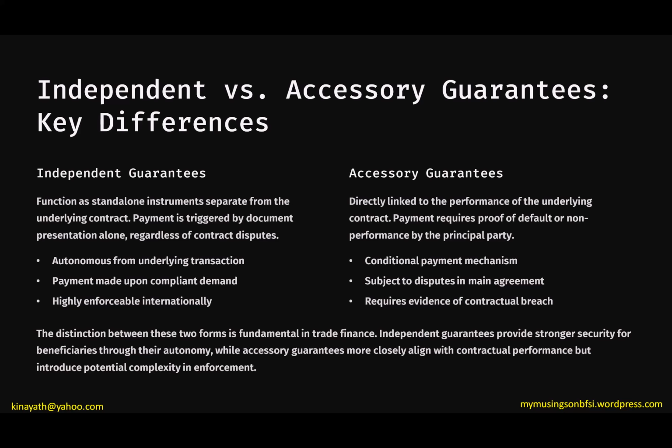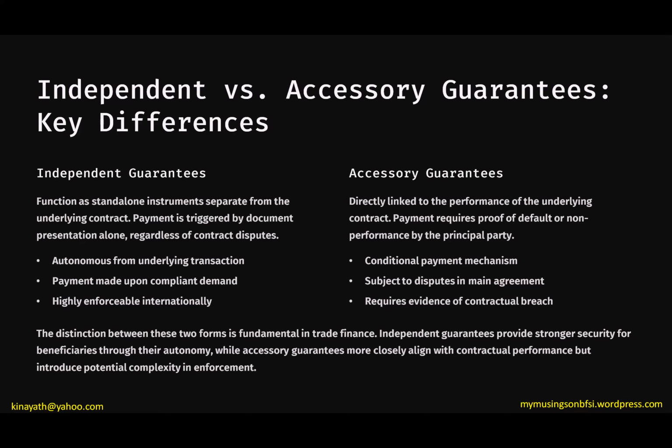The proof that the dispute or non-performance or non-payment has occurred has to be evidenced and submitted along with the claim in case of accessory guarantees in most of the cases. So, the example of an accessory guarantee could be evidence that is conditional for the payment.